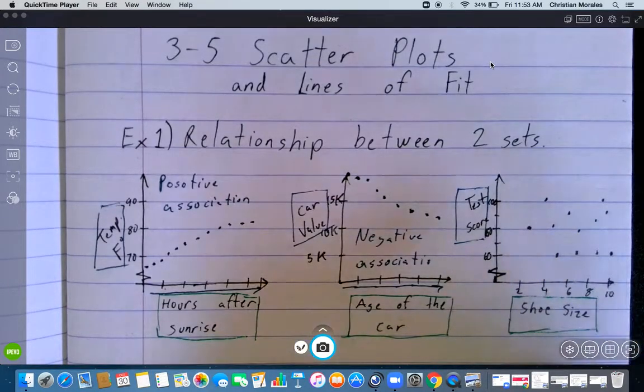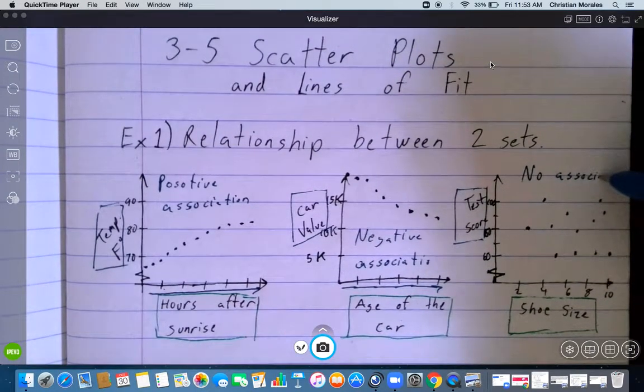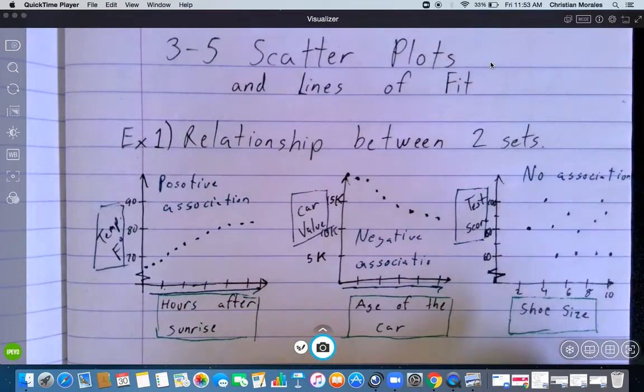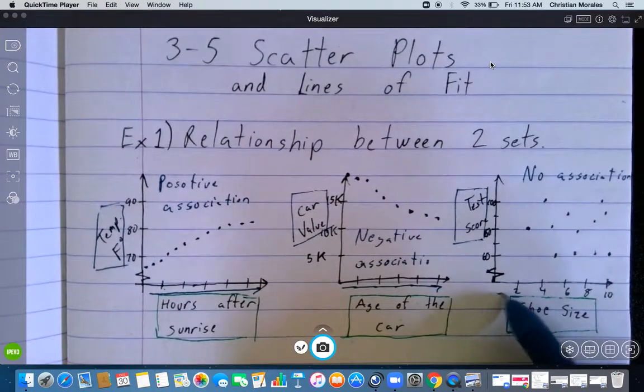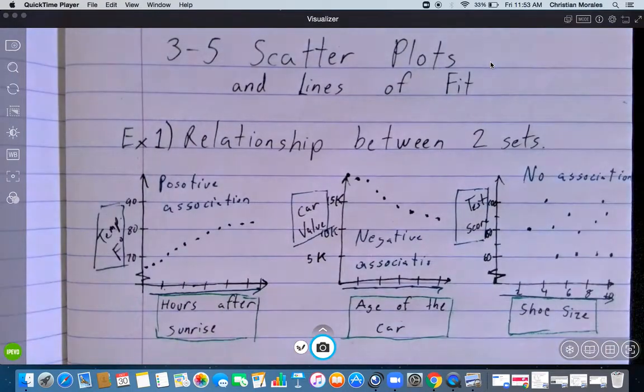So in this, we see no association. Basically, as the shoe size increases, we don't see a relationship between the points, whether increasing or decreasing. So we write down no association. And that's it. All right, so let's go on to example number 2.